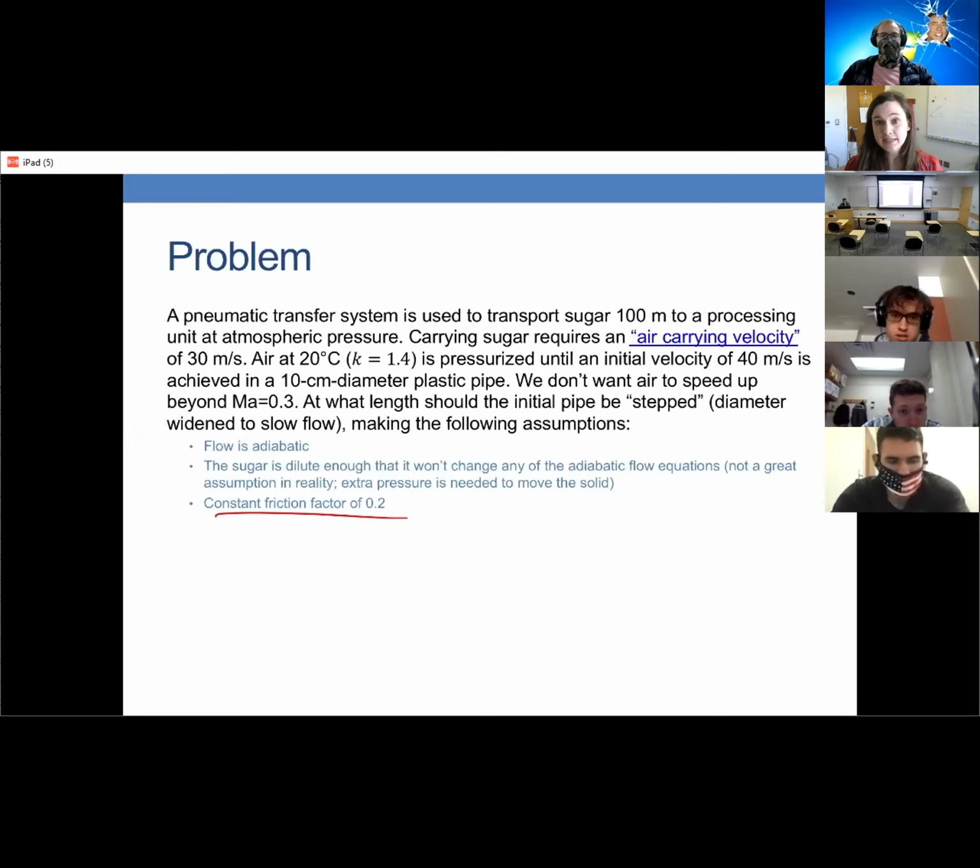I want us to just think about this for a bit. We've got 20 minutes left. We might have time to go over the second homework problem too. So let's think about this. I'm going to give about a minute. Thinking of the different equations we had, let's try to think how we might do this.